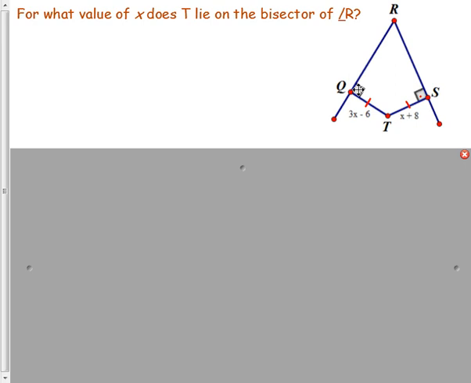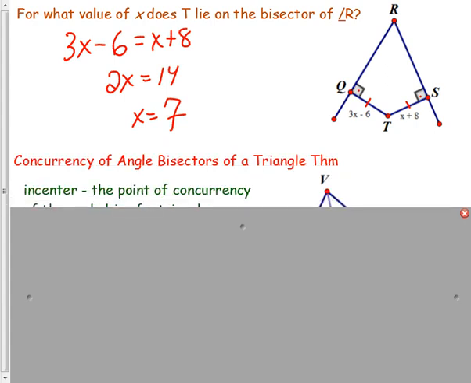So it's just a matter of saying 3x minus 6 equals x plus 8. And solve: subtract x from both sides, add 6 to both sides, and we get x equals 7. And that's it. These don't necessarily have to be complicated. All right.